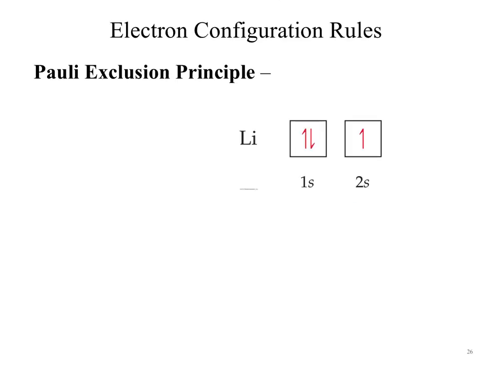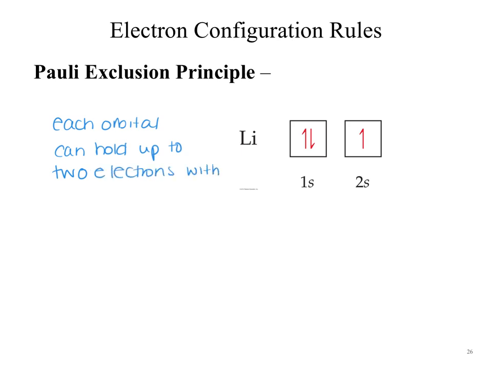The next rule is the Pauli exclusion principle, and it just says that each orbital can hold up to 2 electrons with their spins in opposite directions.